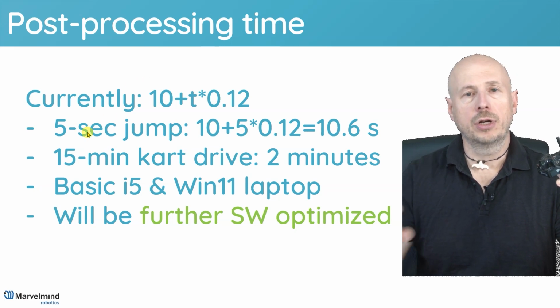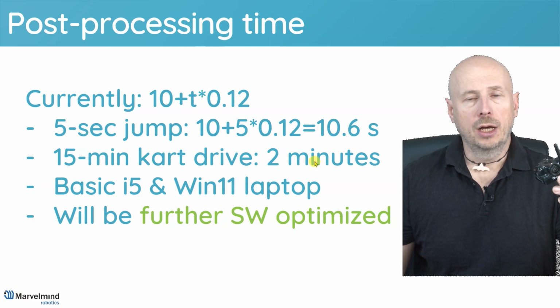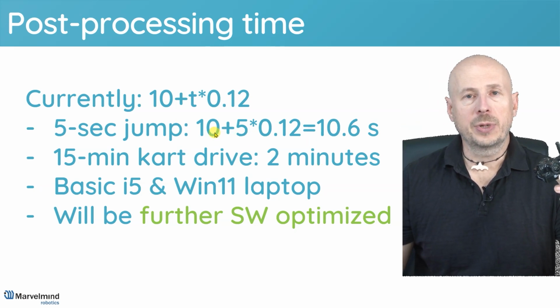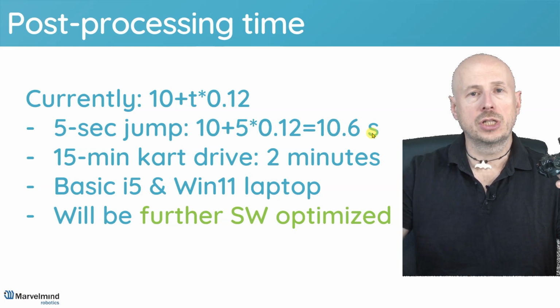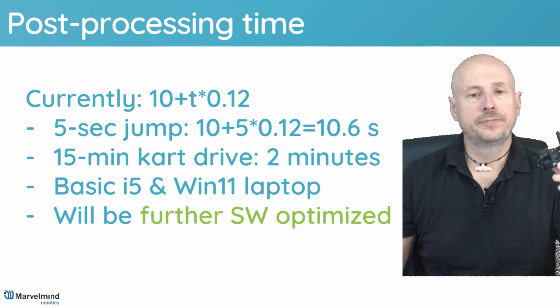So basically I have a half pipe jump or some BMX jump, which takes 5 seconds altogether. So then the processing time would be 10 seconds plus 5, so 10.6 seconds. So after you jump in 10.6 seconds, you have your perfect 3D track.